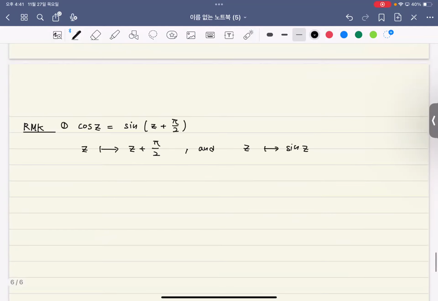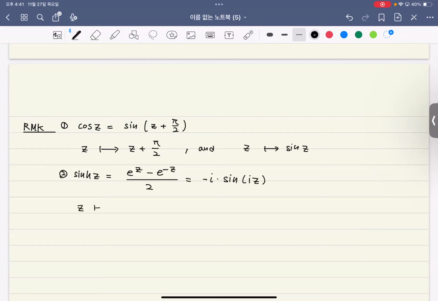And on the other hand, the hyperbolic sine function is e to the z minus e to the minus z, divided by 2. So this is minus i times sine of iz.